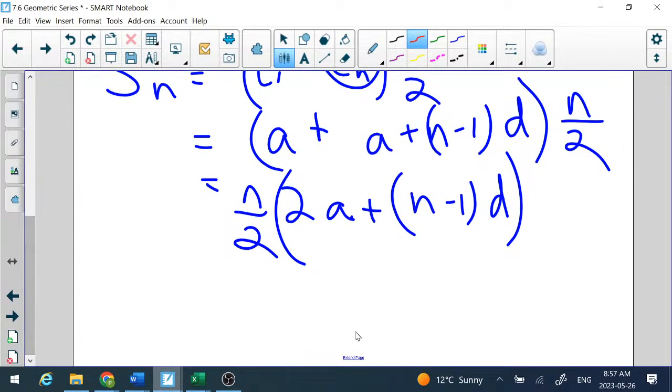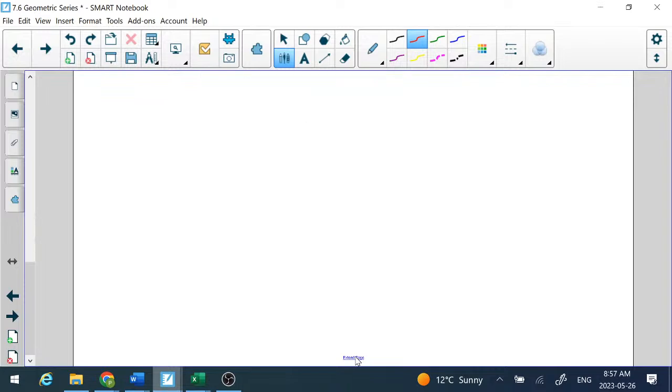Let's do geometric. This one here is not so easy. Does anyone remember how to find the sum of a geometric series? Well, let's start with this. If I wanted the sum of a geometric series, what do I call the first term? I'm going to go a, and then what am I going to add to a?